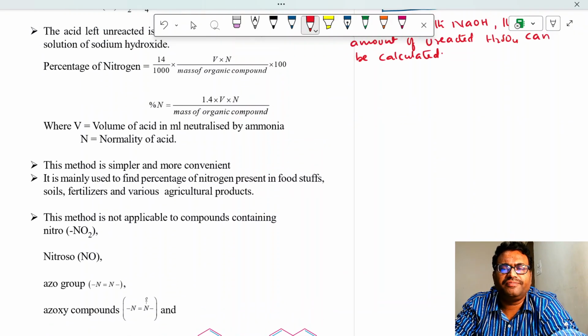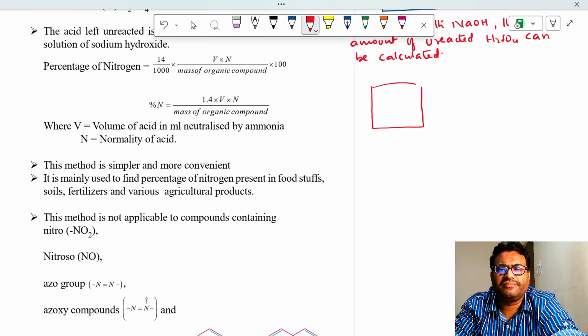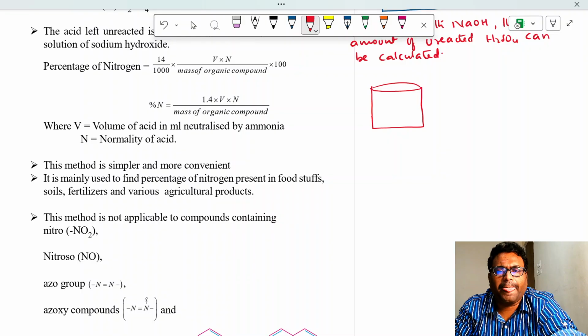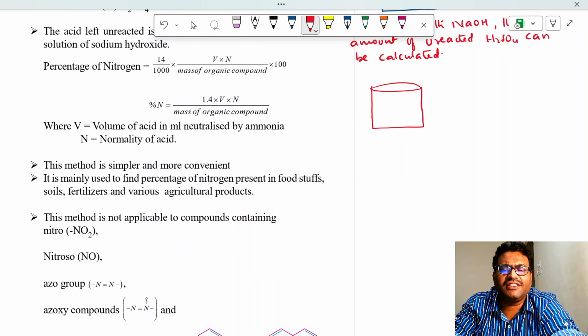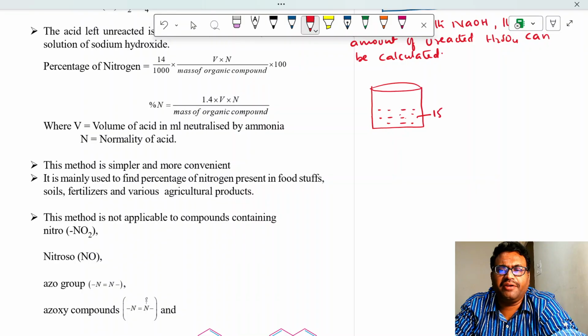For example, let's take here 15 milliequivalents of H2SO4. Now you are passing how many milliequivalents of NH3?